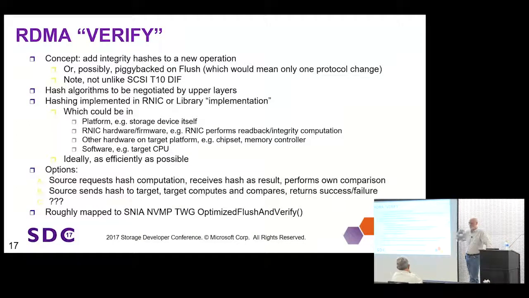He just computes a number and sends it back to you. In the other case, you tell the server something, and the server actually knows that it's good or bad at the same time you know it's good or bad. So you don't have to go back to him and say, oops, bad block, do something. It roughly maps to the SNIA NVMP TWIG's optimized flush and verify. Flush and verify has very weak semantics, but this would be a really strong semantic for flush and verify.